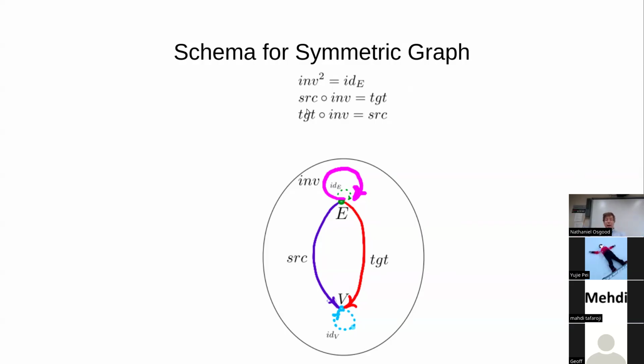No. We get back an edge whose source is the target of the original edge. So if we take an original edge in our graph and take its involution, we consider its opposite edge. Well, the source of that opposite edge is the target of the original edge. And the target of that opposite edge is the source of the original edge.